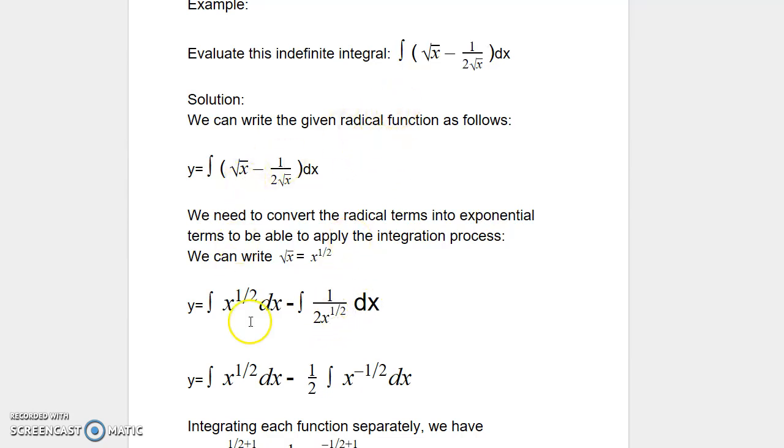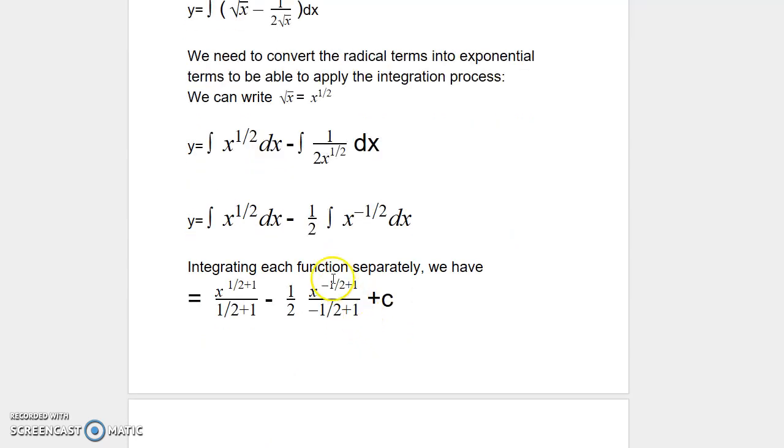If I back up one step, we can write y is equal to integral square root of x minus 1 over 2 square root of x dx, and that can be written as y is equal to integral x to the power of 1 half dx minus integral 1 over 2 x to the power of 1 half dx after converting the radical terms to exponential terms.